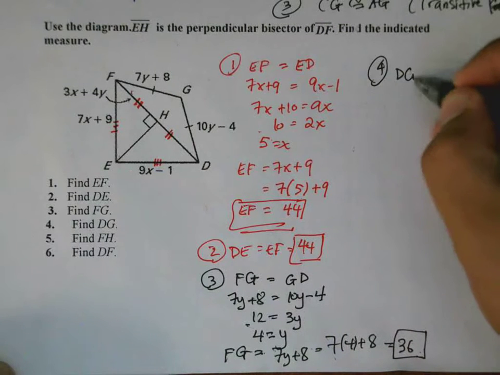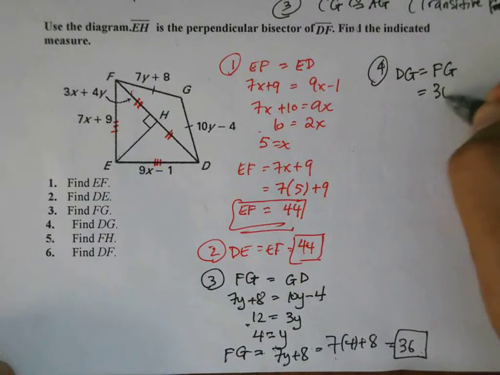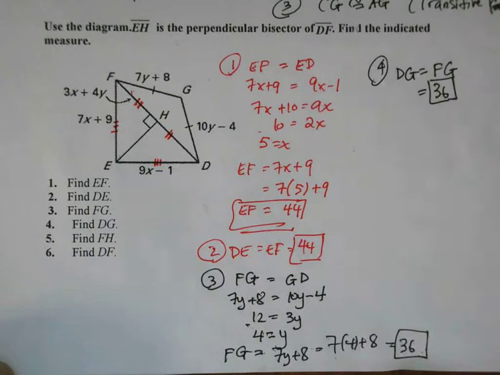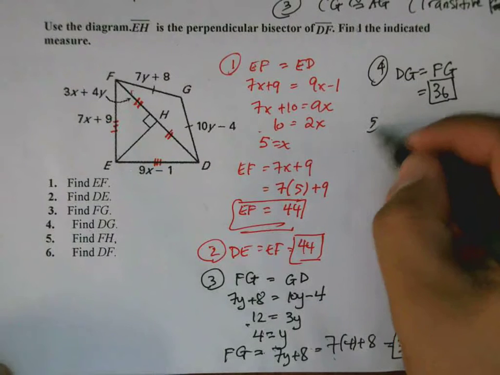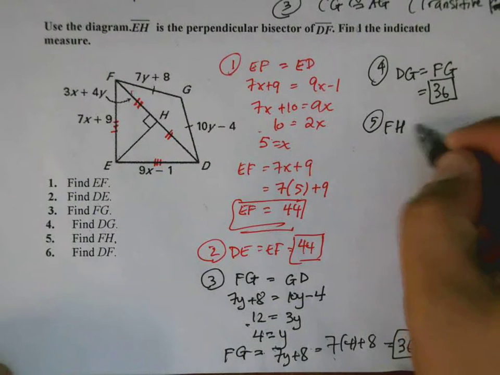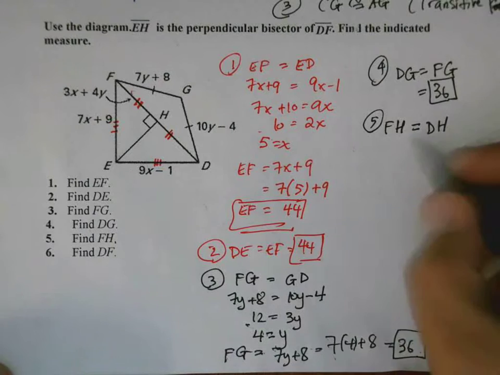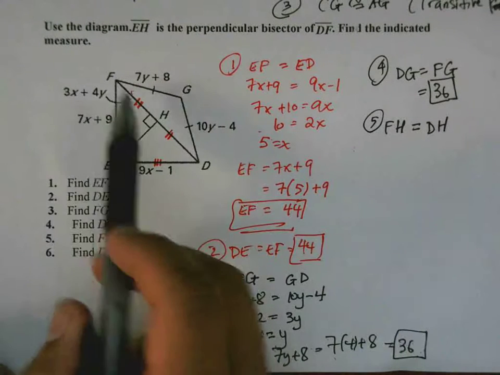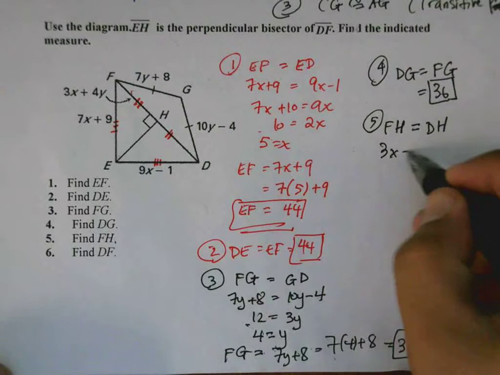DG is the same thing as FG, so that's just 36. And then finally, FH. FH is equal to DH. So we know then FH here, along here, is 3x plus 4y.